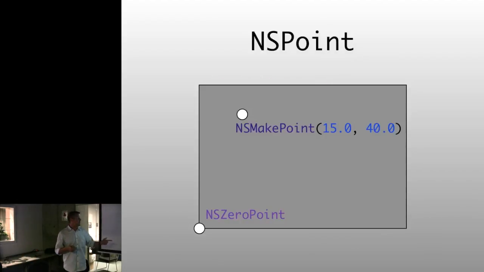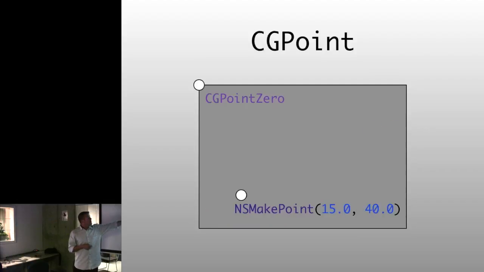NSPoints, if you recall, have the lower left as 0, 0. That's the origin. X is positive to the right on the x-axis, and positive is up on the y-axis. So this is point 15, 40. CGPoints start in the upper left. The origin is up here.